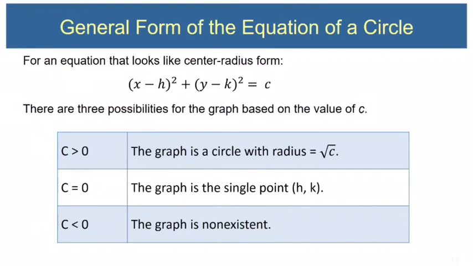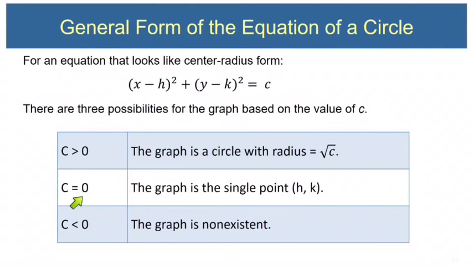And the way we're going to do that is we're going to complete the squares. If you take a general form equation and you attempt to put it in center radius form, if your right side number comes up positive, you're going to have a circle whose radius is the square root of that number. If your right side number comes up 0, your graph is just going to be a single point at h comma k.